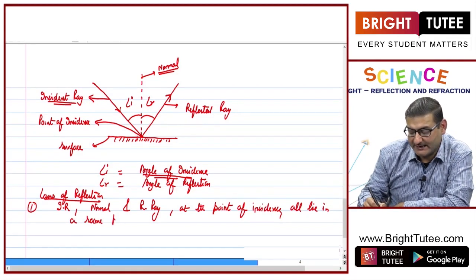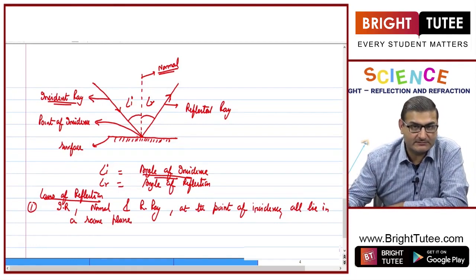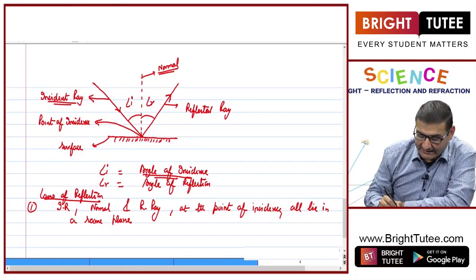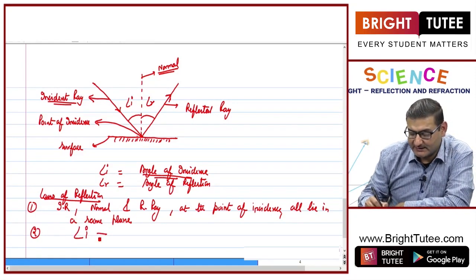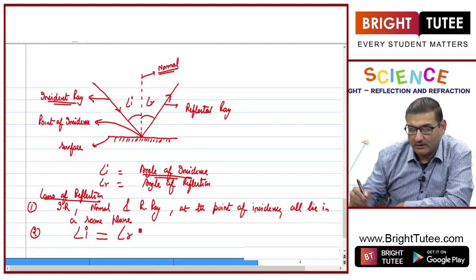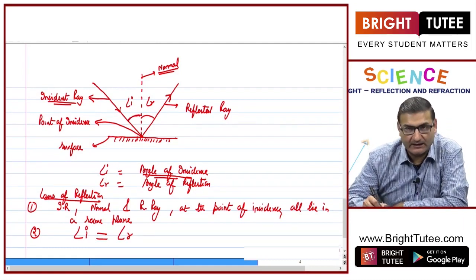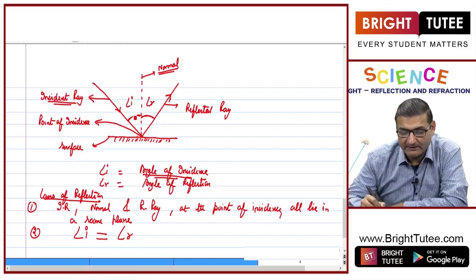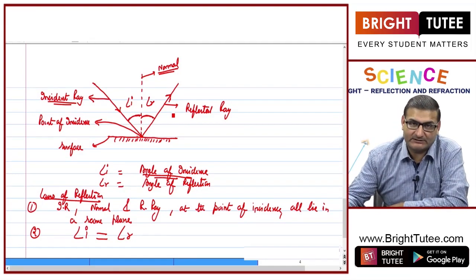This is the first law of reflection. The second law states that the angle of incidence is always equal to the angle of reflection. This particular angle, angle of incidence, and this angle, angle of reflection, will always be the same. So, these are the two laws of reflection.